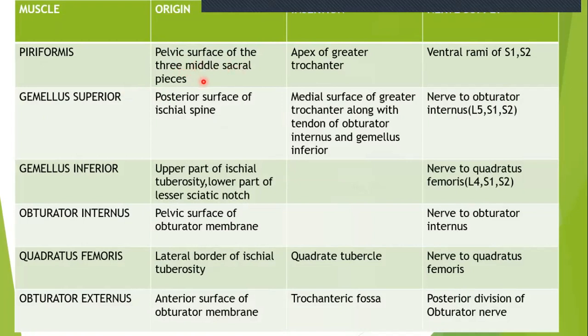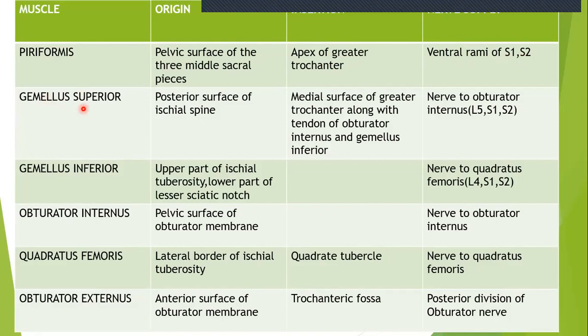As in, it originates from S2, S3, S4. The pelvic surfaces of those sacral pieces. Where does it insert? On the apex of greater trochanter. Its nerve supply, it is usually innervated by the ventral rami of S1 and S2.